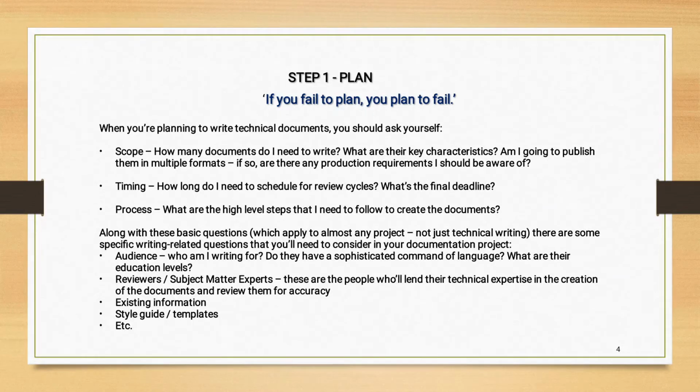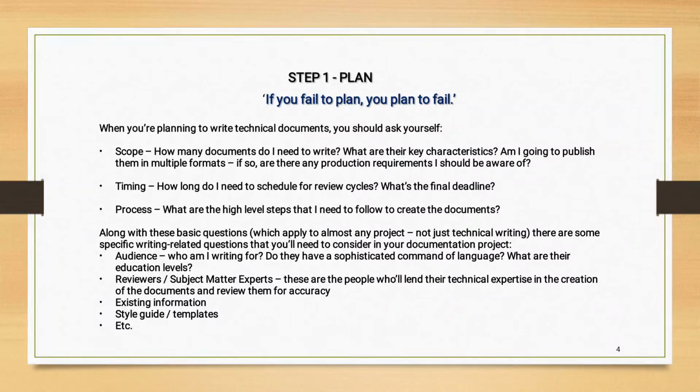As you all can see, here I have said that before you start planning, the things that you should ask yourself or keep in mind is the scope, that is how many documents I need to write. Just as I had previously told you all the things that I require to do the planning, the same things are mentioned here: scope, timing and process.